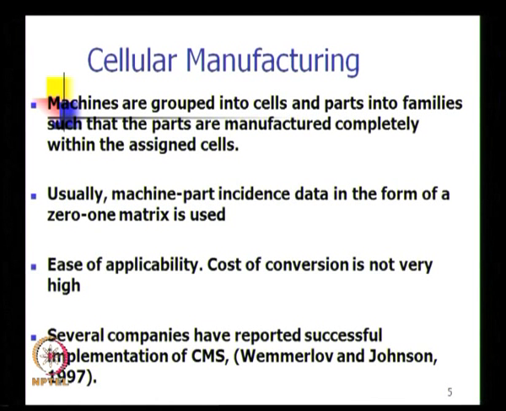That is, if the manufacturing system has about say 20 machines and makes 50 parts, then we will have a 20 by 50 matrix, where each of the 20 rows will represent the 20 machines, the 50 columns will represent the 50 parts, and if a particular part visits a machine, then there is a 1 which captures the incidence of the visit of the part on the machine.